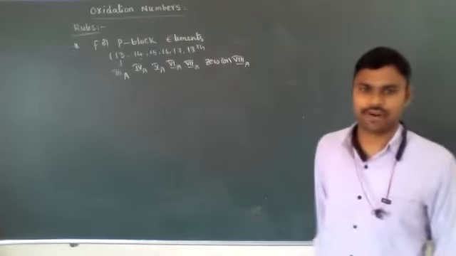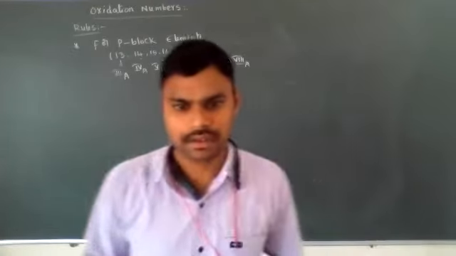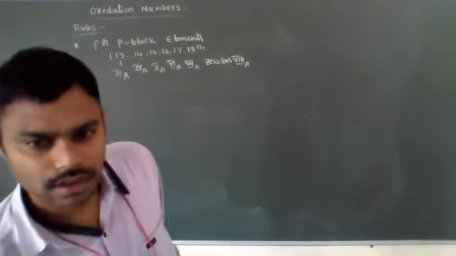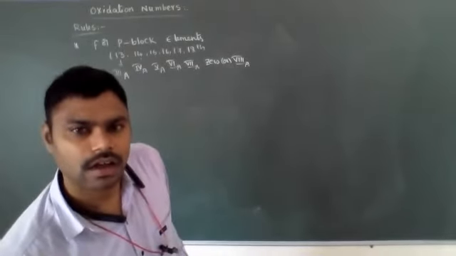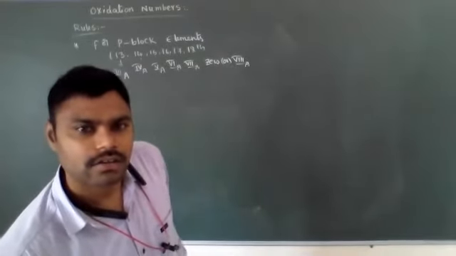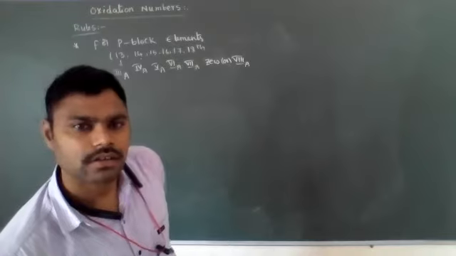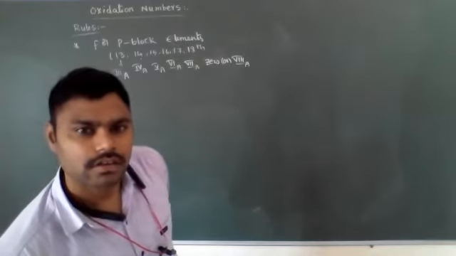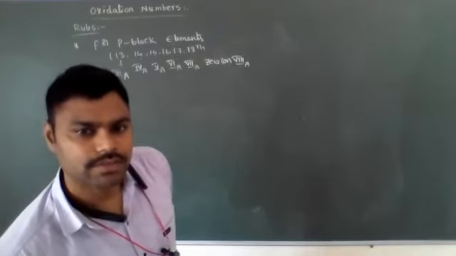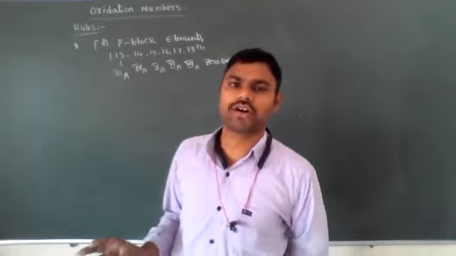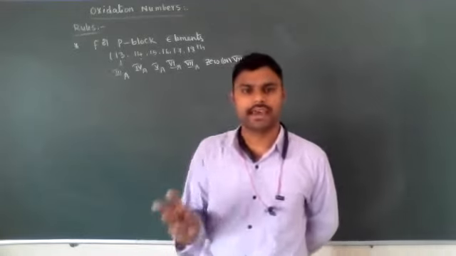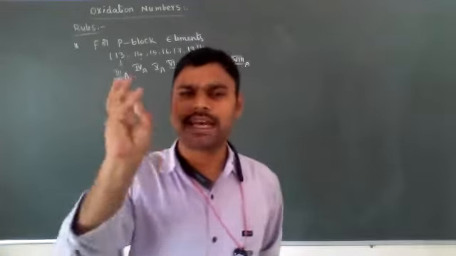8th A group. So for p block elements, halogen atoms are generally fluorine, chlorine, bromine, iodine. But fluorine is more electronegative.